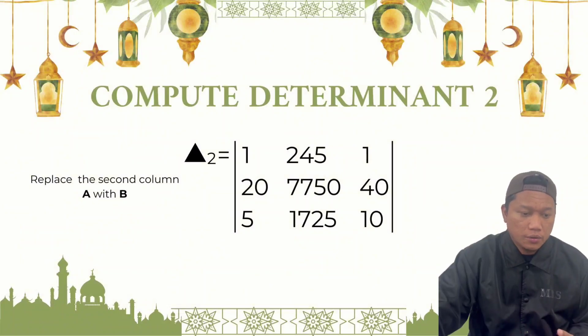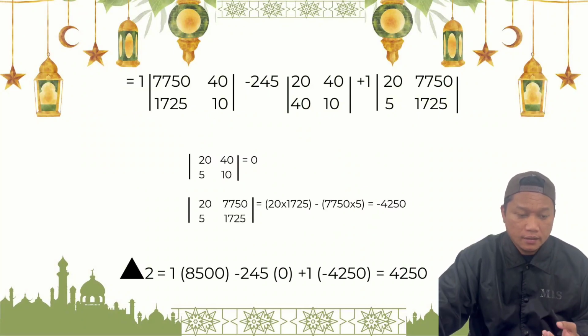Expanding along the first row, we expand the determinant using cofactor expansion along the first row.